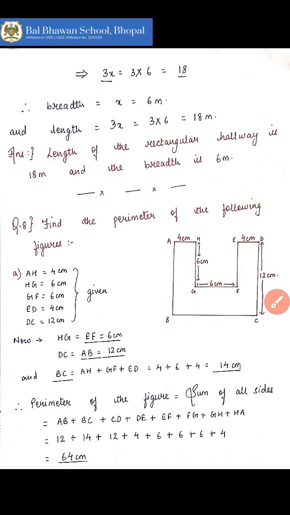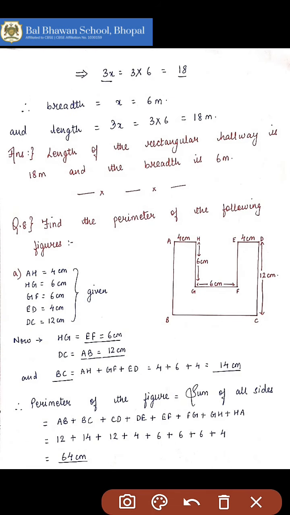But we need to find out the length also. So we know that as the length is 3x, we will put 3 into 6, that is 18. So in this way, we are able to find out both the length and the breadth. So the length of the hallway is 18 meters and the breadth is 6 meters.